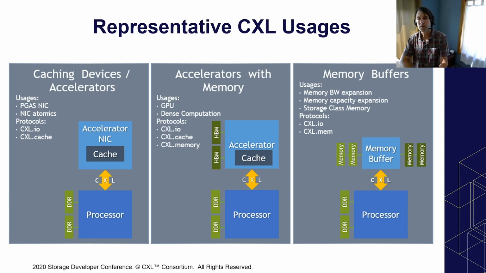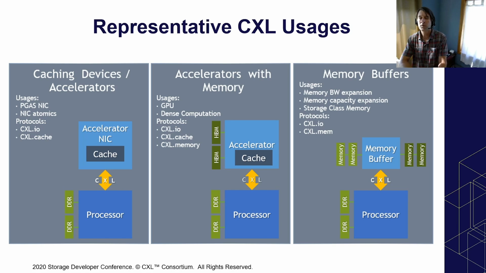The second representative model is accelerators, where we are adding on to the previous example. We have a cache and get all the same flows that we talked about with the cache model, but we also add memory. The memory in this case is shown as HBM, where an accelerator may have high bandwidth memory attached directly to it that it's exposing to the host.